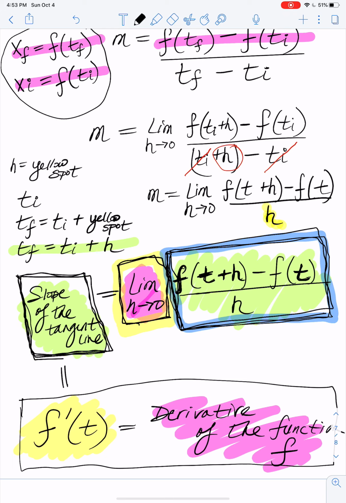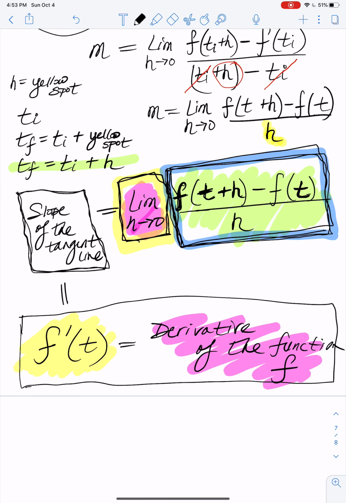And we further on said that we don't like to say slope of the tangent line, because that's a lot to say. So in calculus class, how the heck did I just get an arrow? Craziness. In calc class, we like to just be lazier about it and just write the derivative of the function f, which we defined as the line.